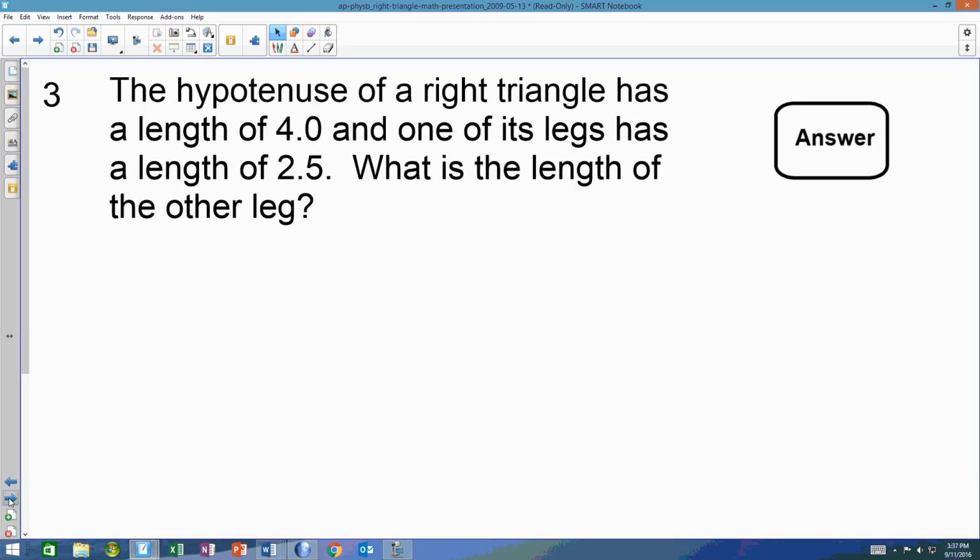But here they give you a different format. The hypotenuse of the right triangle has a length of 4.0 and one of its legs is 2.5. What is the length of the other leg? If you feel that you need to solve this one to get some more practice, go ahead and do that. If not, go ahead and play it through and continue the video.